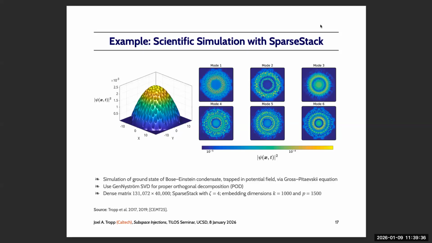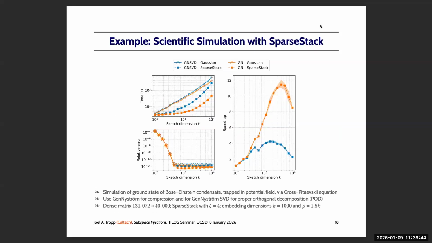And we want to understand what happens when we do this using sparse dimension reduction as compared with dense dimension reduction. So the first point is that sparse dimension reduction gives the same quality results as dense dimension reduction. So these are two different low rank approximation methods implemented with Gaussians or with sparse matrices.